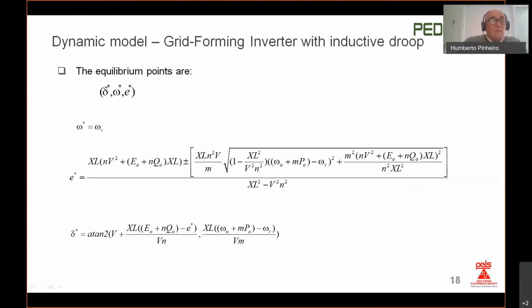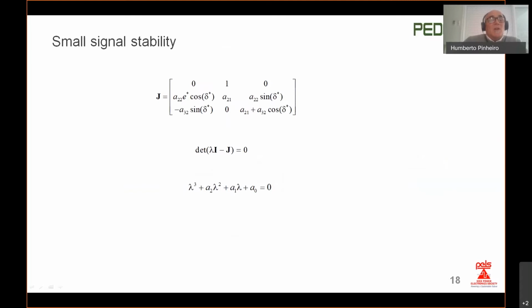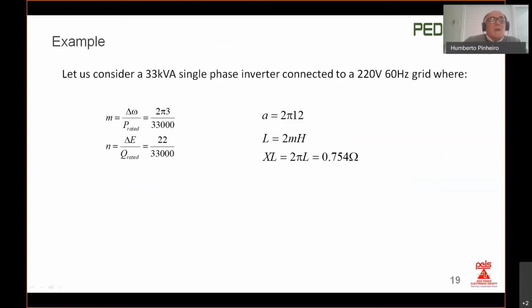In order to find out which equilibrium point is stable, you can look at the eigenvalues of the Jacobian matrix computed around one operating point. So let's make an example here.